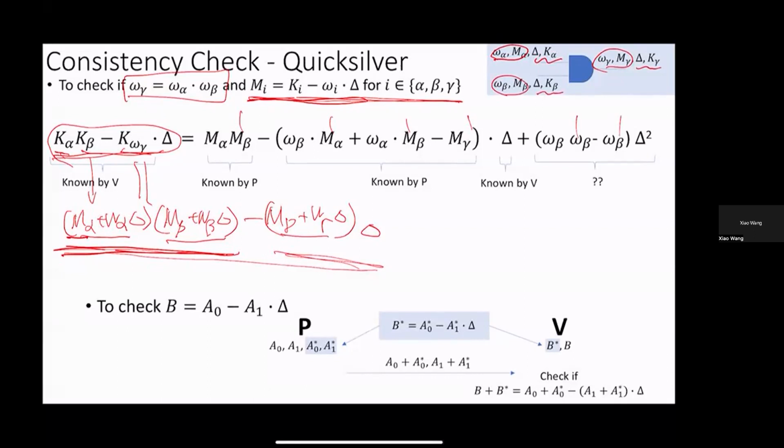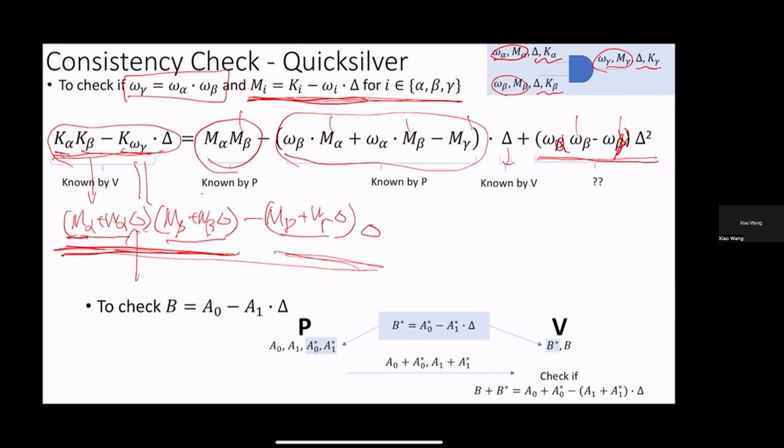After we get the right hand side, we can observe that there is some term that is known to the prover. This term is also known to the prover, and delta is known to the verifier. Oh sorry, this should be alpha, this should be beta, and this should be gamma. This term is supposed to be 0. So where does this term come from?